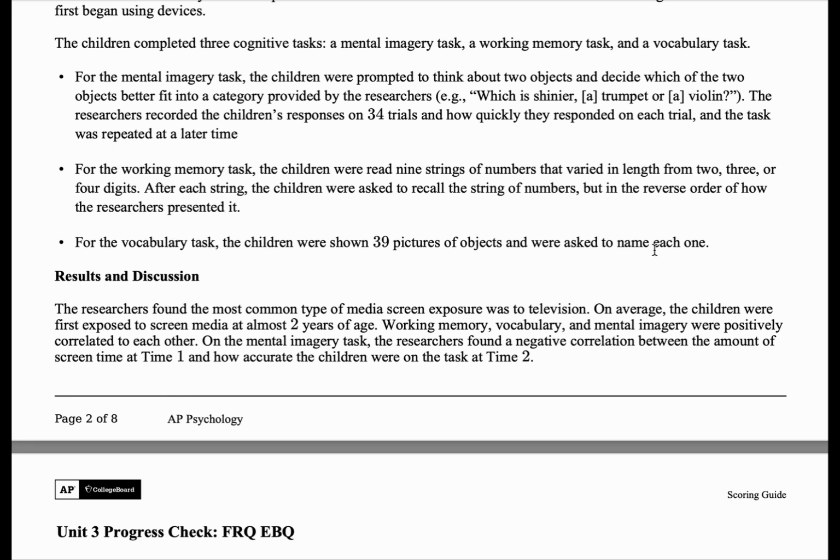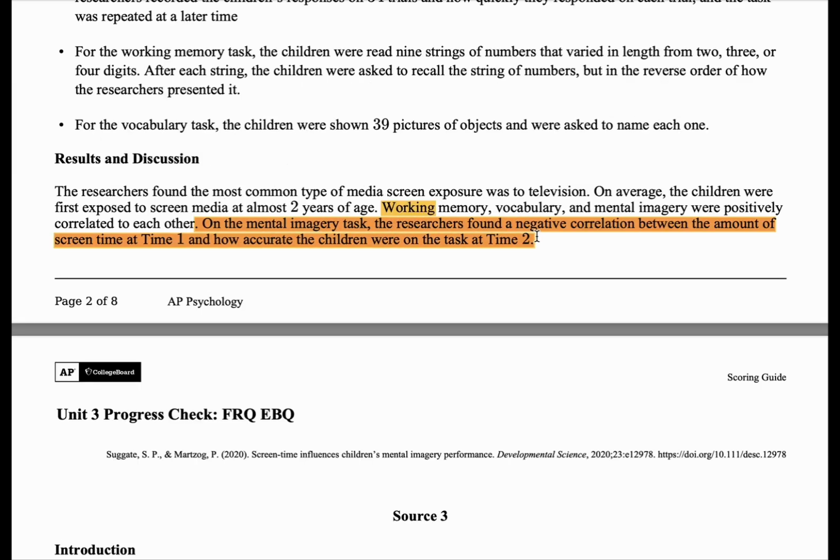But that has nothing to do at this point with screen exposure and cognitive development. So here we can see that researchers find a negative correlation. Negative correlation means that the more time you spend on screen results in less accuracy in the cognitive tasks.